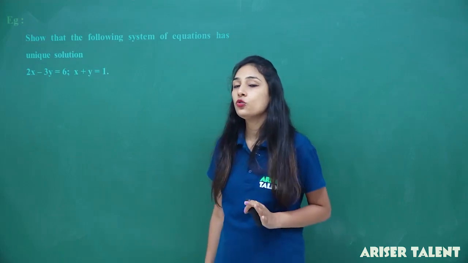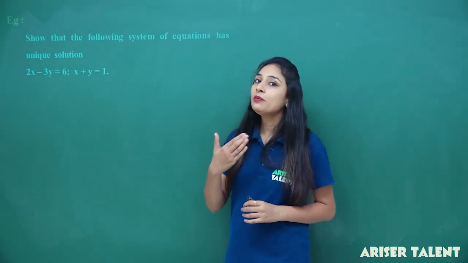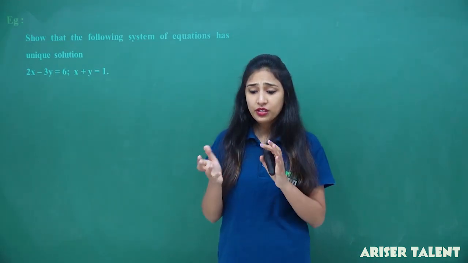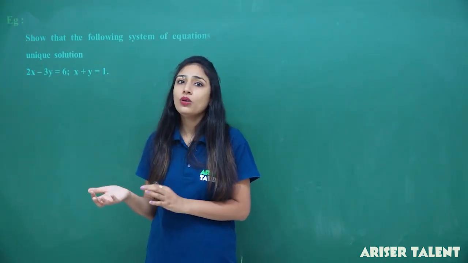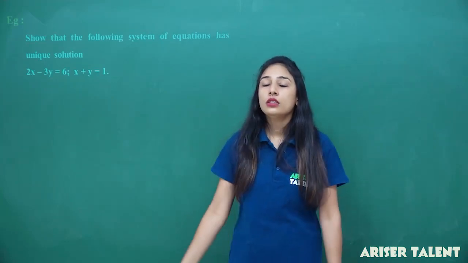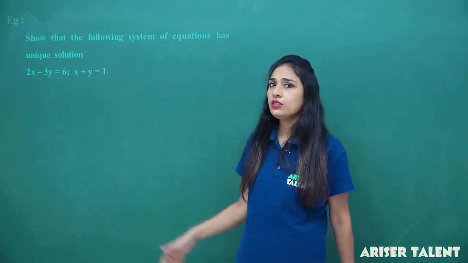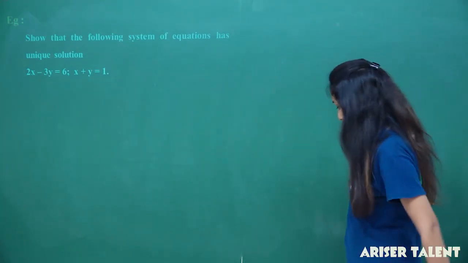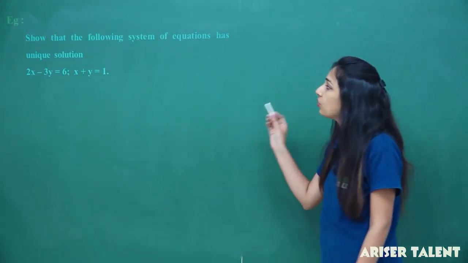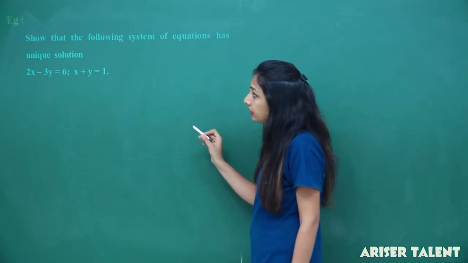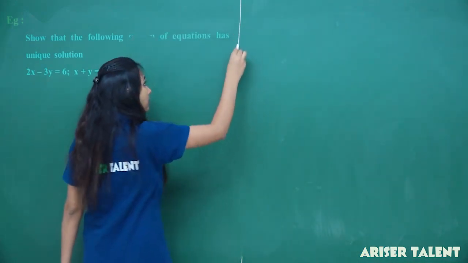Like a1 by a2, and we'll compare it to b1 by b2, and if you find similarity between these two, you'll go to c1 by c2 and check whether they are equal or unequal, right? So it's saying, show that the following system of equations has a unique solution. Now, the equation we need to write here first.